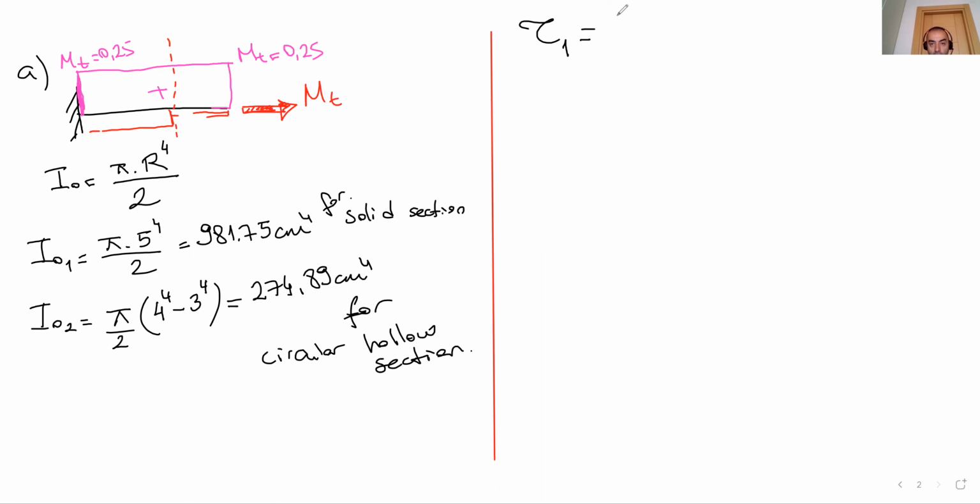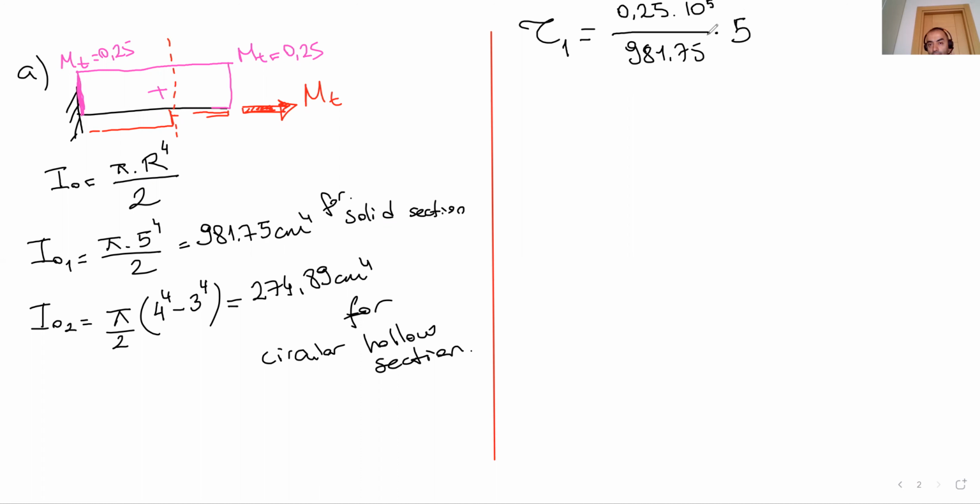What we have for moment here is in ton meter. Let's convert it to kilogram centimeter. And I0 is what for section 1, times R. R is the radius of the section.